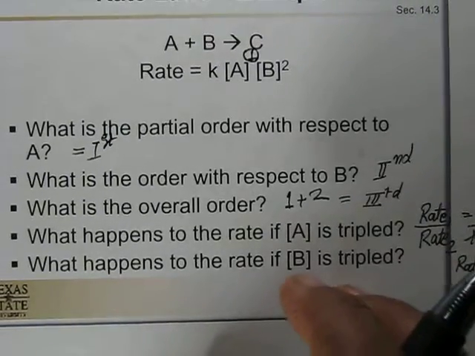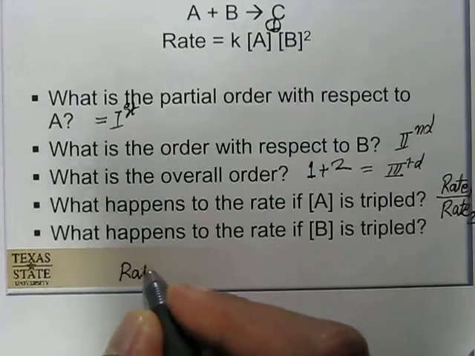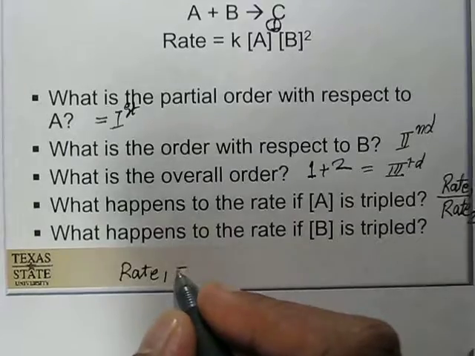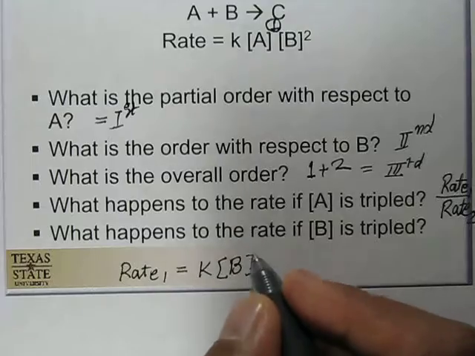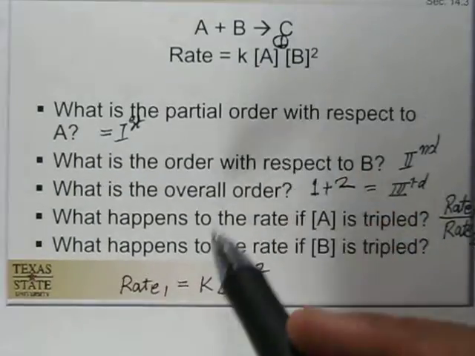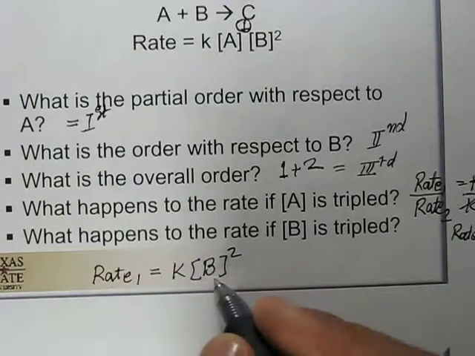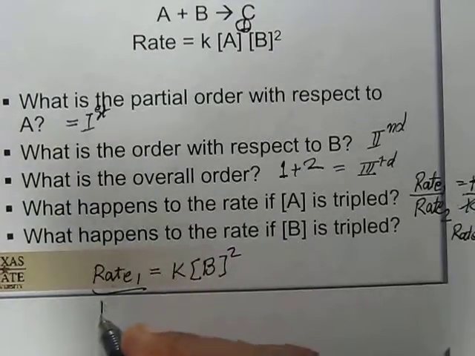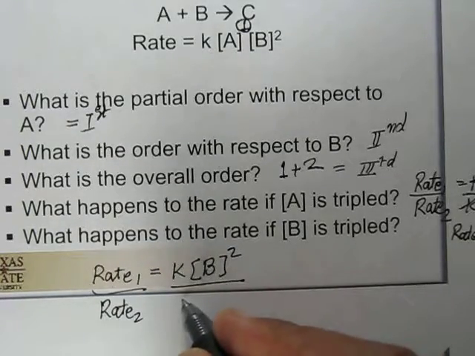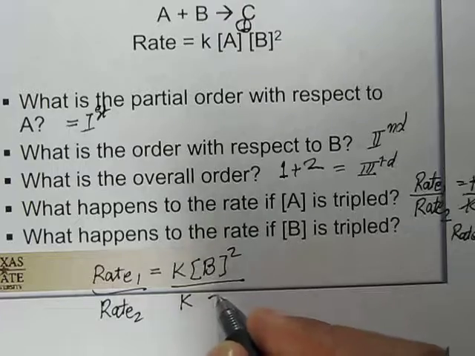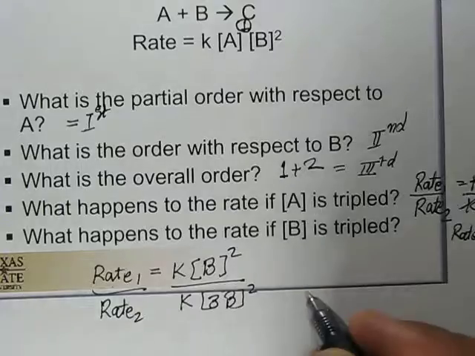What will happen if the concentration of B is tripled? So let's calculate. Rate 1 is k and B squared. I'm not including A right now, just B, because we have to find out the relationship between A and B. In case of rate 2, they are saying if we triple this one, so k and 3B squared.